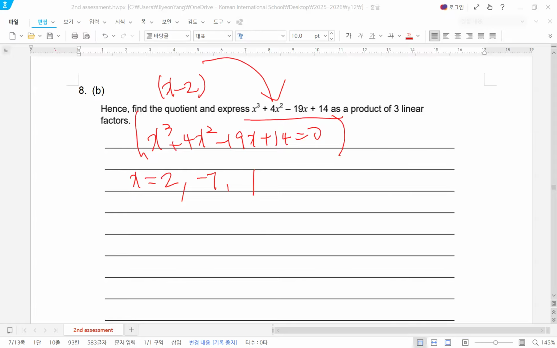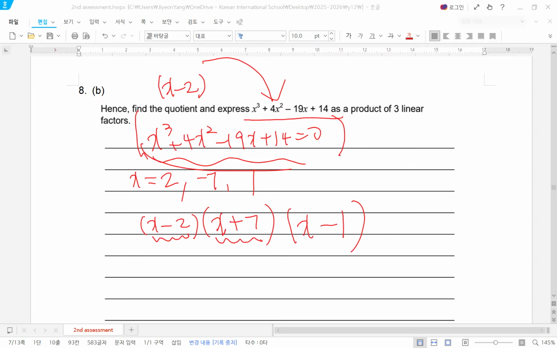It means that it contains three brackets, which is x minus 2, so that x equals 2, x plus 7, or minus 7, plus 7 to make minus 7, makes this bracket 0, understand? And the last one is x minus 1.